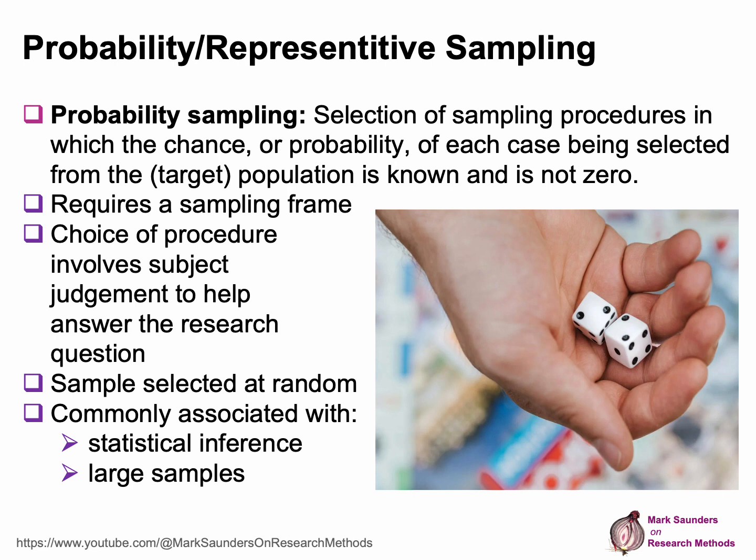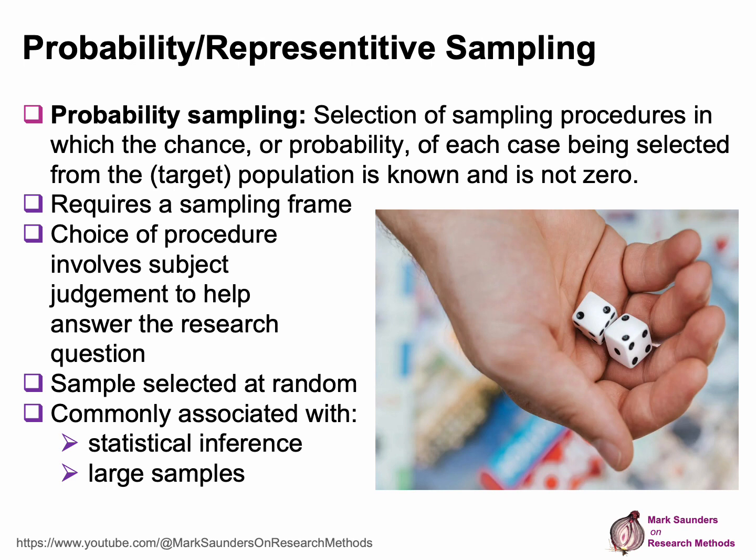So what do we mean by probability sampling? Probability sampling is also known as representative sampling because it means the sample is statistically representative of the entire population. Probability sampling refers to a selection of sampling procedures in which the chance, or indeed the probability, of each case from our sample being selected from the target population is known, and it's not zero. To be able to calculate a probability, we have to have a complete list of our population, or indeed our target population, and this requires a sampling frame.